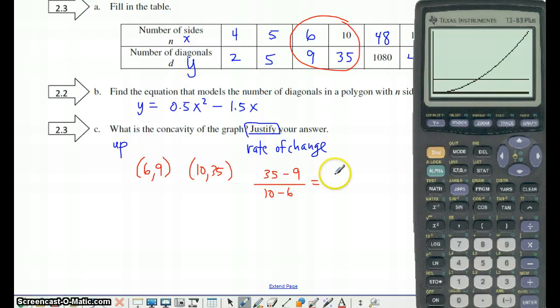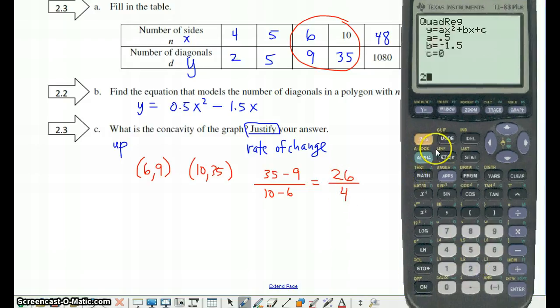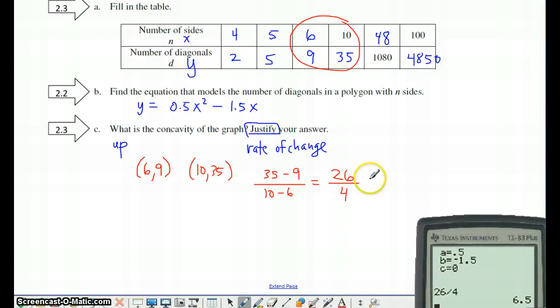And I'm going to get 26 over 4, 6.5. The units, diagonals per side.